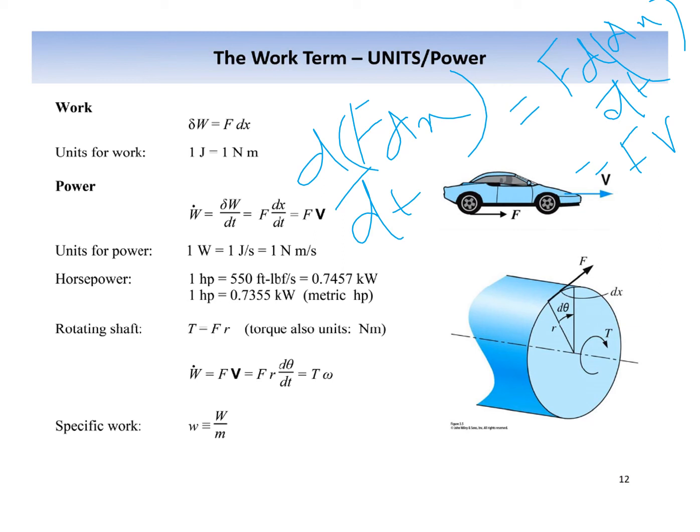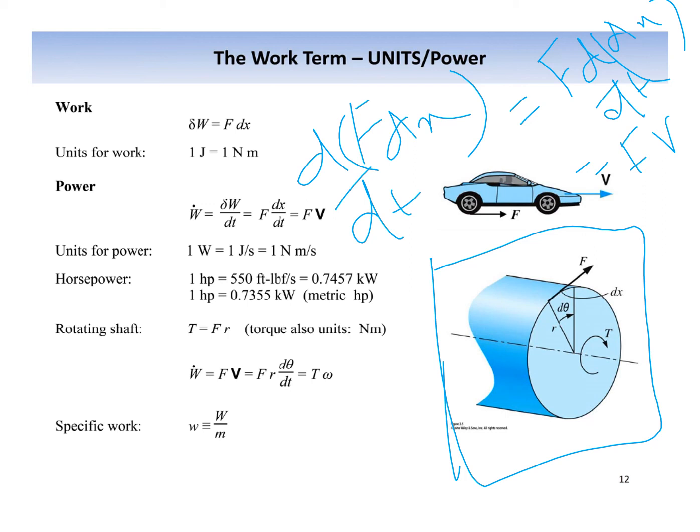And then we have a rotatory system where a constant force is rotating a rod of radius r, and during this process it produces a rotational displacement of d theta. We can see it in this picture, and force times the radius is torque.